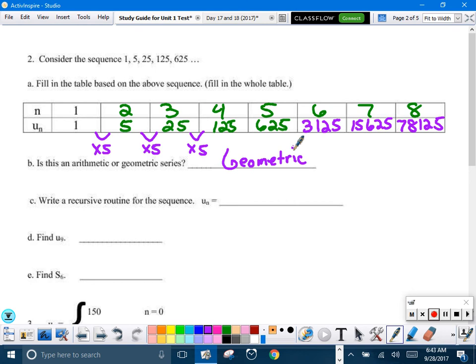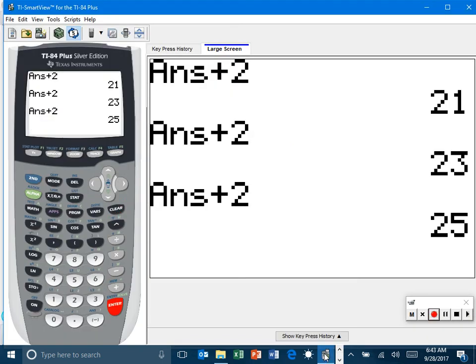Because we are multiplying. The recursive routine, again, it's started for you. You just need to finish it off. Oops, not times 3, times 5. Let me fix that. Times 5. Okay, just like we did before, continue with the pattern.